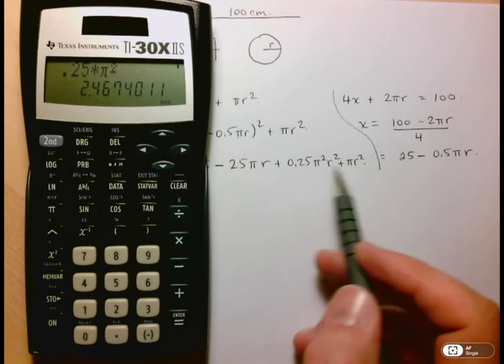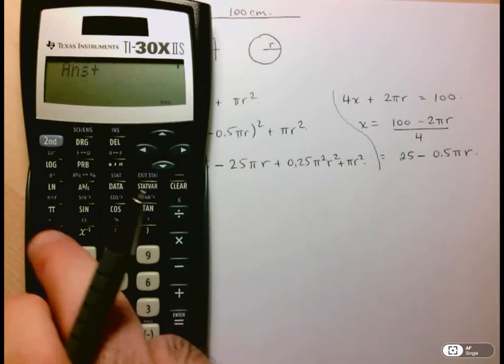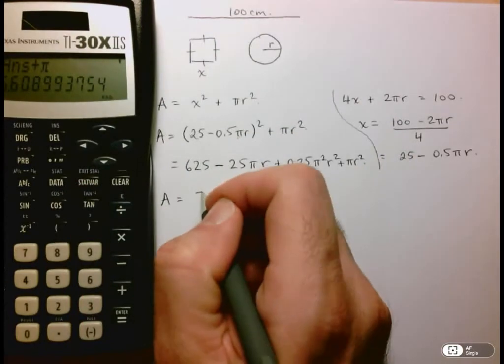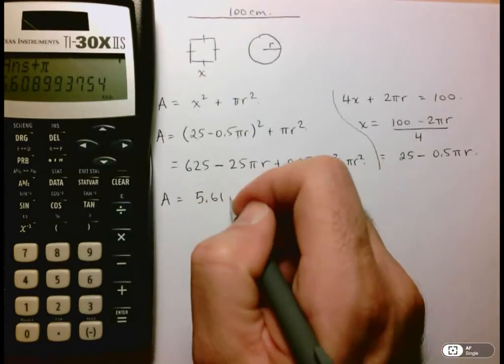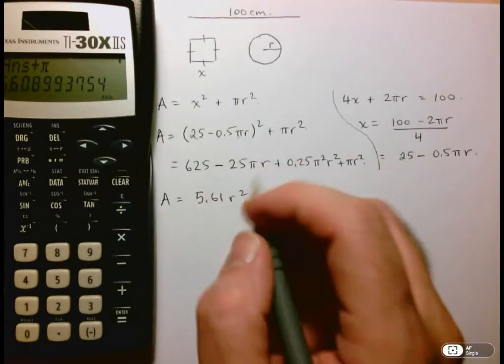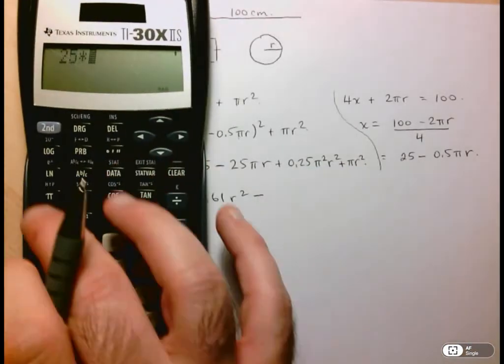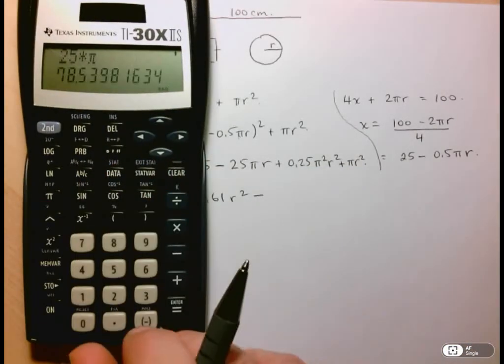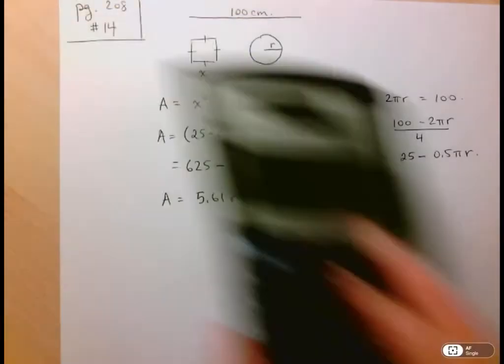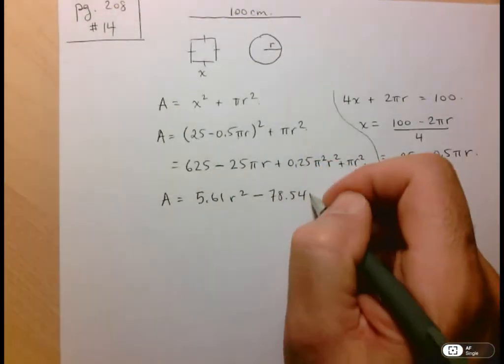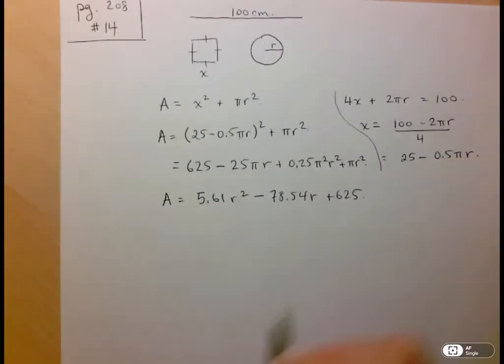Bringing these two terms together, we get 5.61, so 5.61 r squared. Then we've got the minus 25 pi r, and 25 times pi is 78.54, so 78.54 r, and then plus 625. So here's my model.